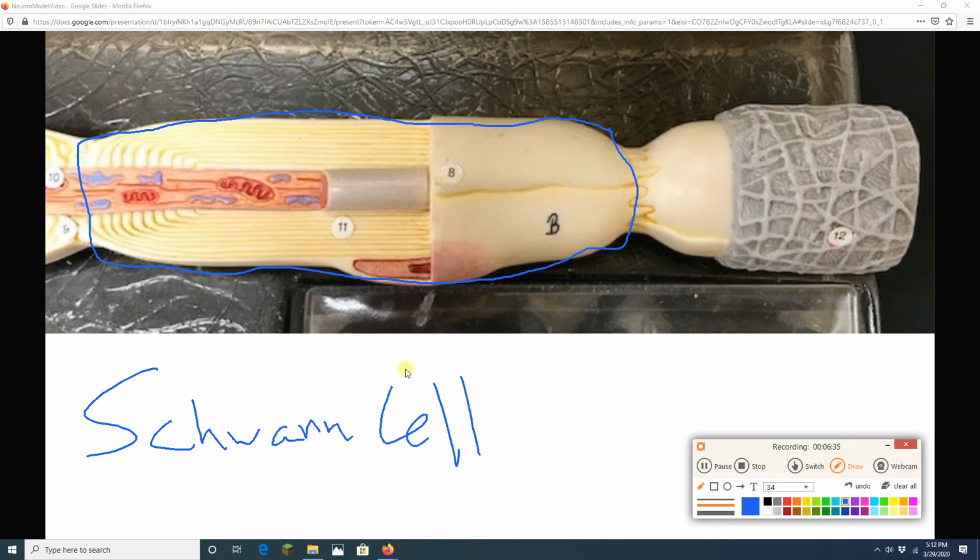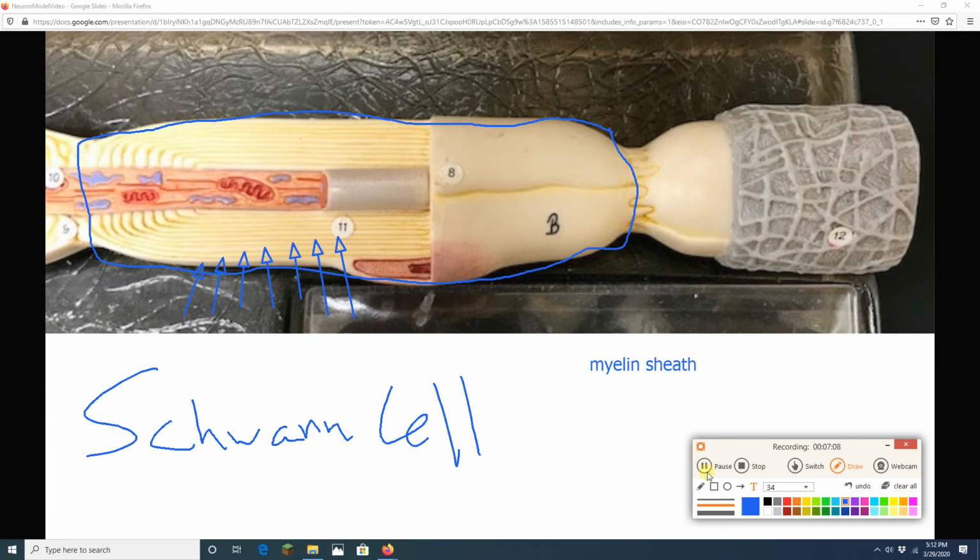The Schwann cell has this wrapping of his membrane, and you can see how the membrane wraps around multiple times. And this many wrappings of the membrane creates the myelin sheath.